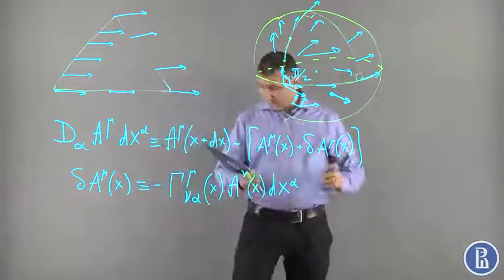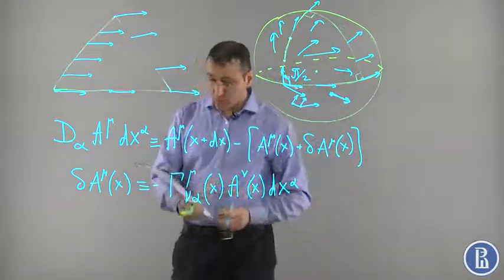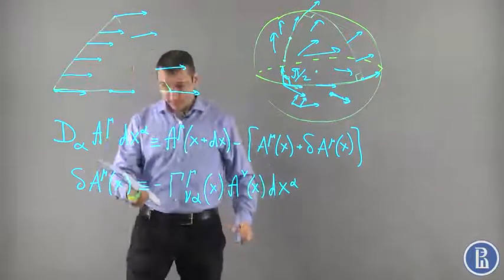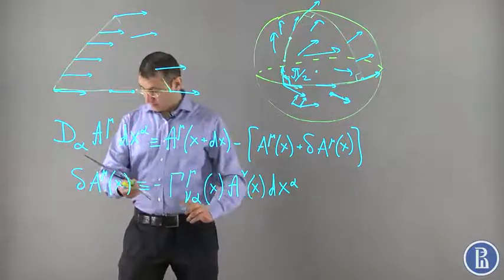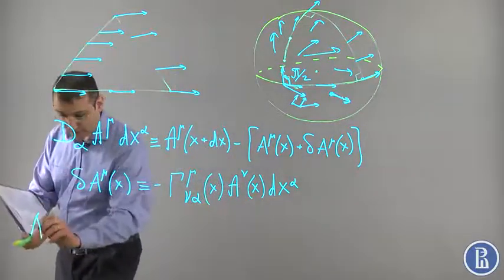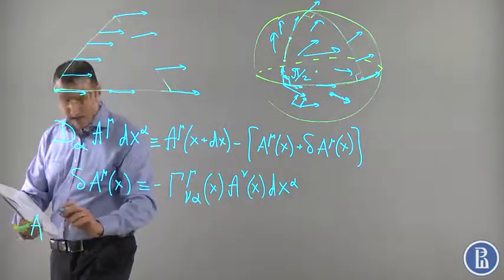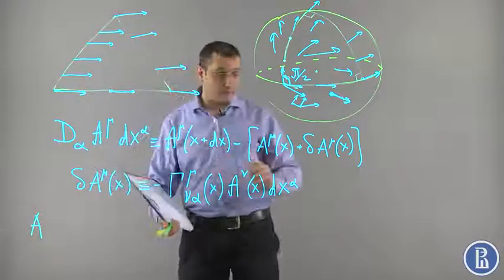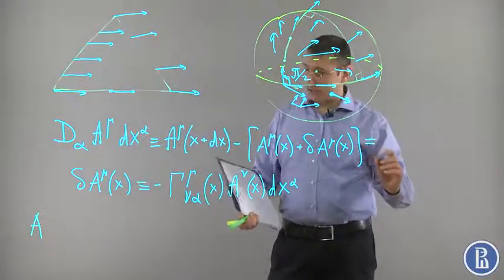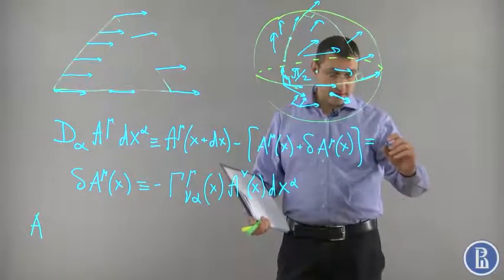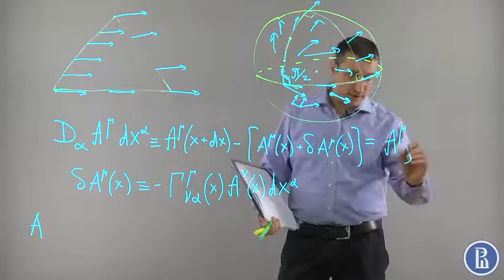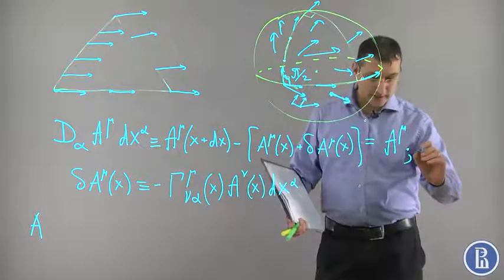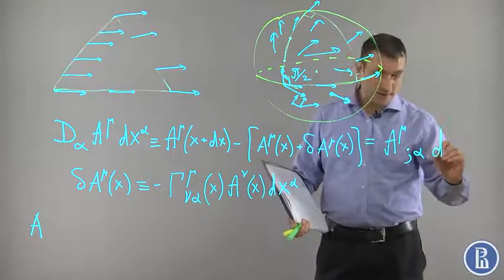So now, from this formula which I derived to you, another regular notation for the covariant derivative is D alpha A mu, with dx alpha.